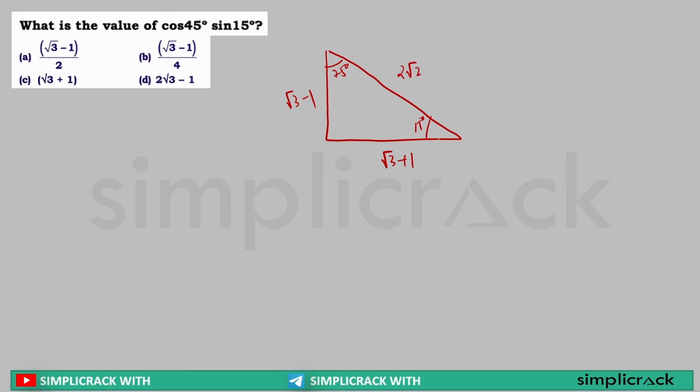So sin 15 degree means P by H, that means root 3 minus 1 by 2 root 2. Cos 45 degree is equal to 1 by root 2. That can be written as root 3 minus 1 divided by 2 root 2 into root 2, which is equal to 2 into 2, that is 4. So answer option B. Clear? Yes or no? Tell me quickly.